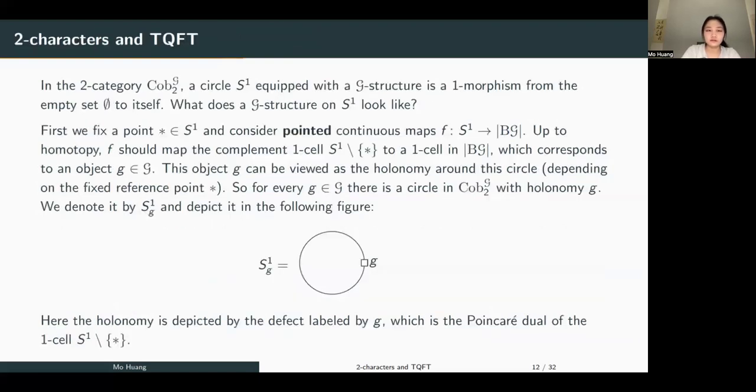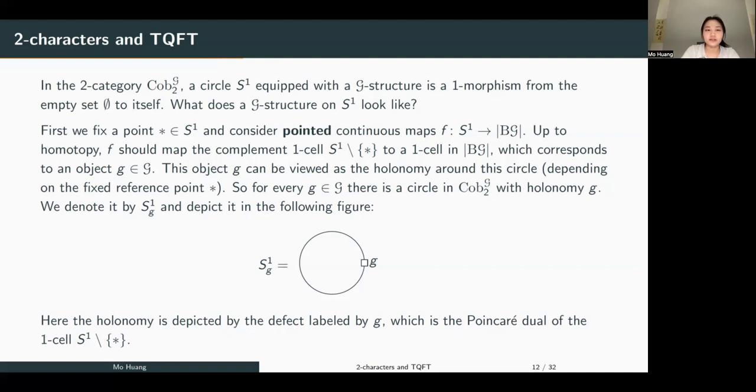In this 2-category, a circle S^1 equipped with a G-structure is a 1-morphism from the empty set to itself. So what does a G-structure on S^1 look like? First, we fix a point star in S^1 and consider the pointed continuous map f from S^1 to the classifying space BG.